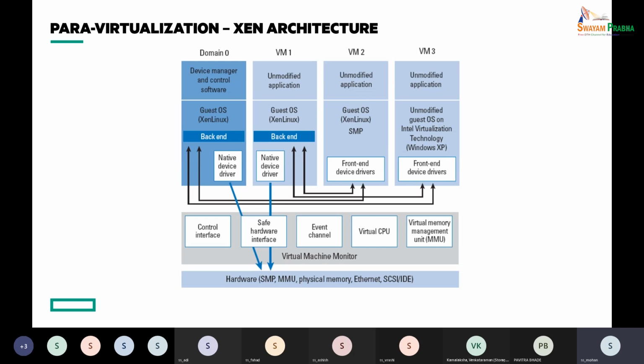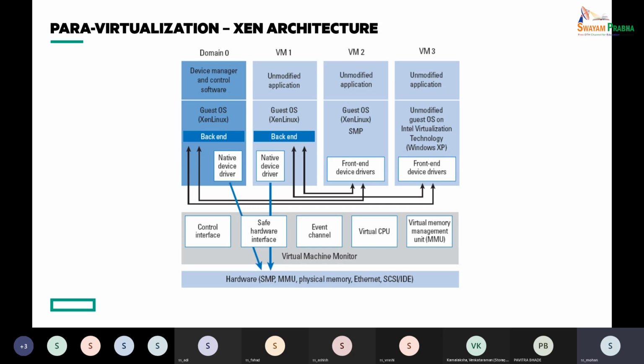But in the case of Xen, they had the IO devices being managed from domain 0, and then they had multiple VMs which they could run on the VMM, and the VMs would then talk to domain 0 to talk to an IO device.